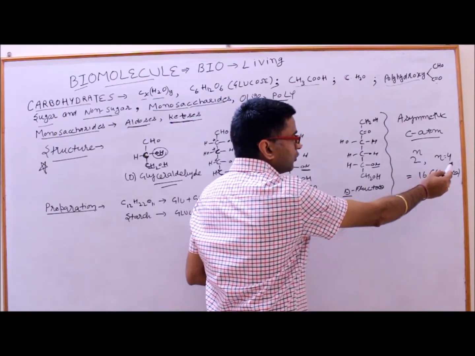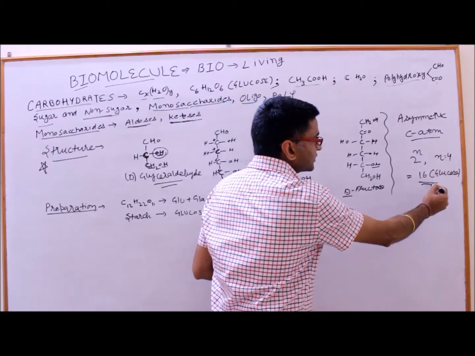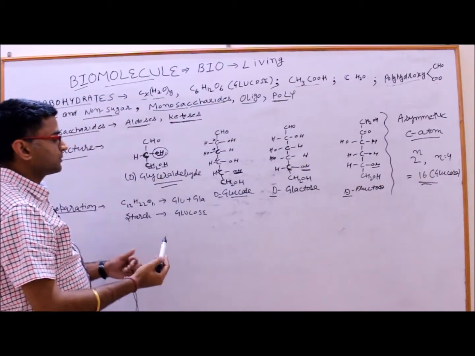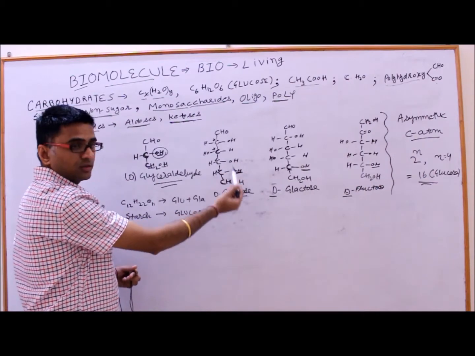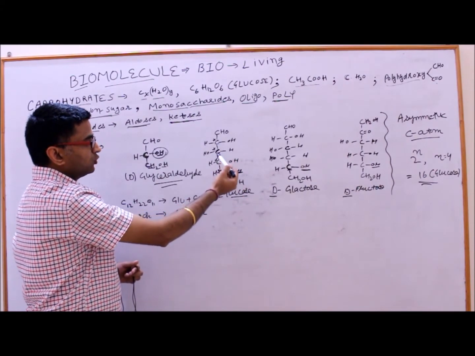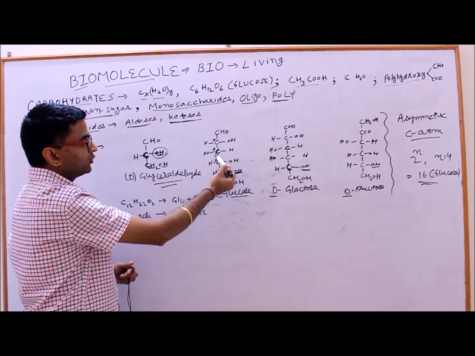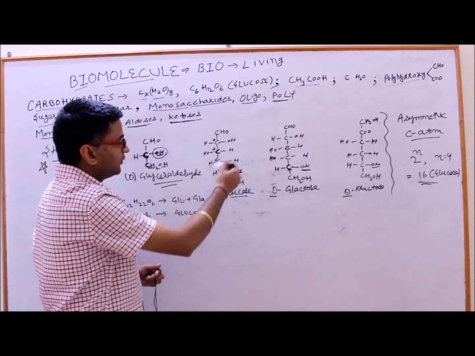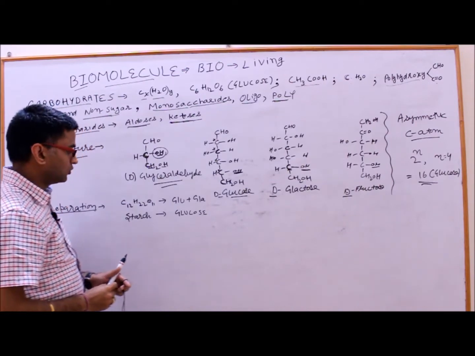We have n equal to 4 in case of glucose. So a total of 16 isomers are possible just by changing the position of OH and H left or right. Then we can make combinations of 1, 2, 3, 4, then 1, 2, 1, 3, 2, 3, 2, 4, like that. So we will get a total of 16 isomers of glucose.